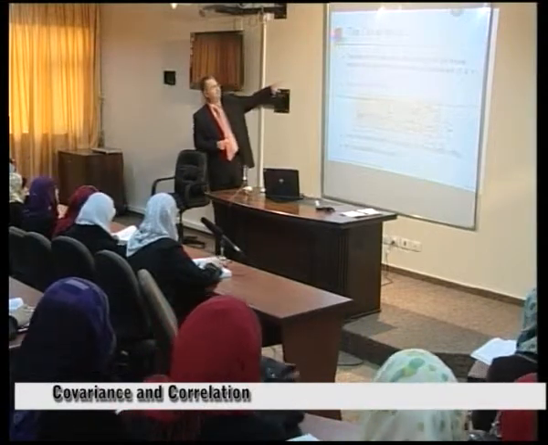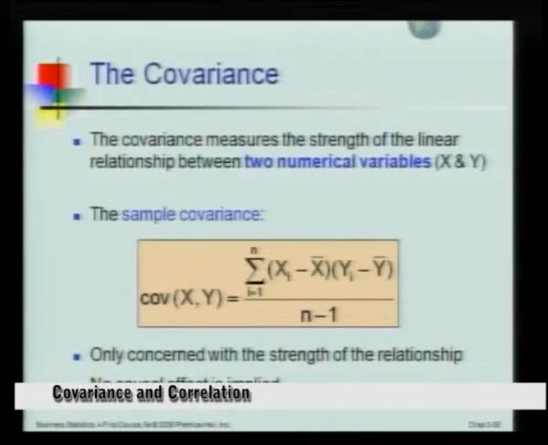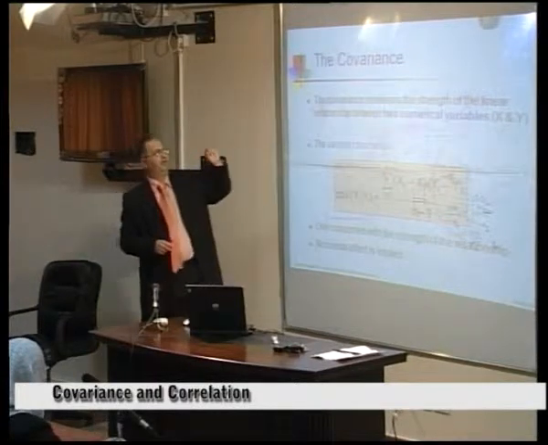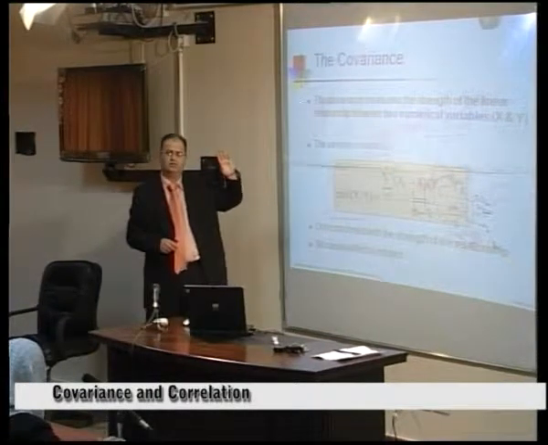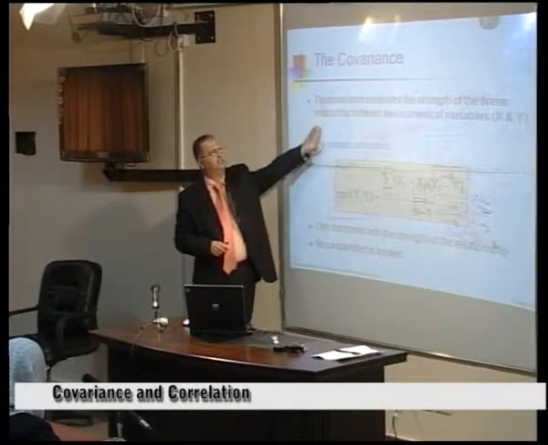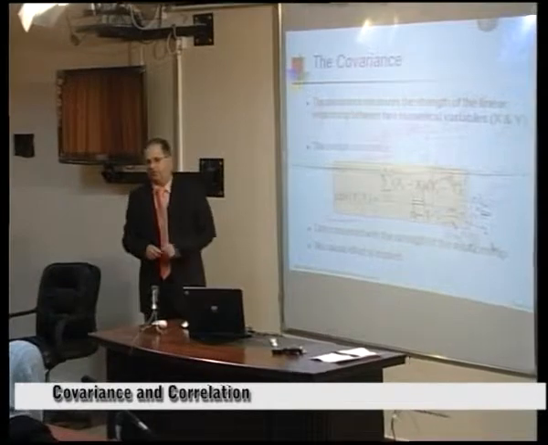The covariance measures the strength of the linear relationship between two numerical variables. That means if both variables are numeric, we can use the covariance to measure the strength of the linear association between them.